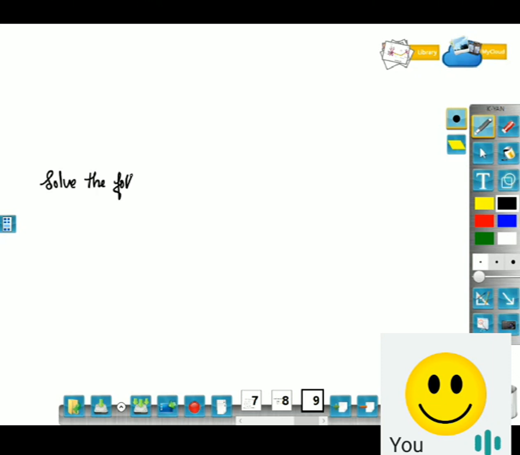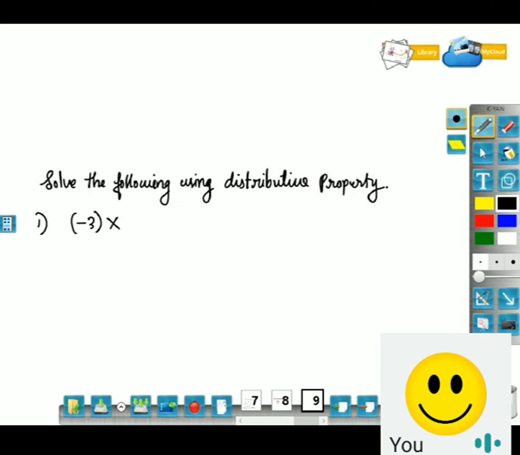Solve the following using distributive property. So the first one: minus 3 into 93 plus minus 3 into 7.